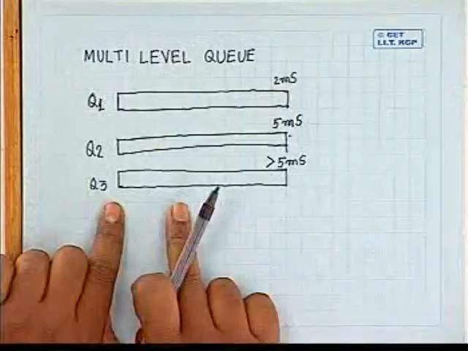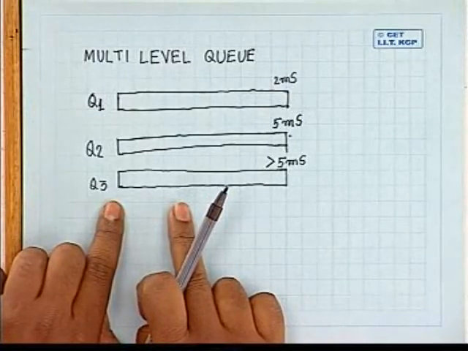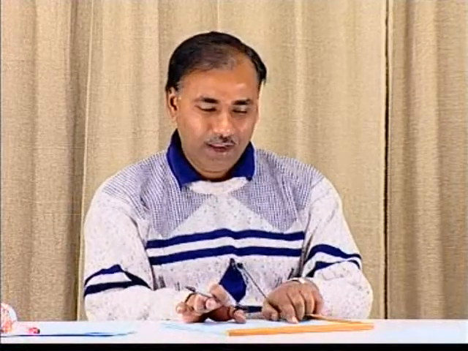So in this multi-level queue, our assumption is that if initially I can say the job is CPU bound, I'll put that job into queue number 3 and it will remain there for its entire lifetime. If initially I find that the job is IO bound, it will be put in queue number 1 and remain there for its entire lifetime.